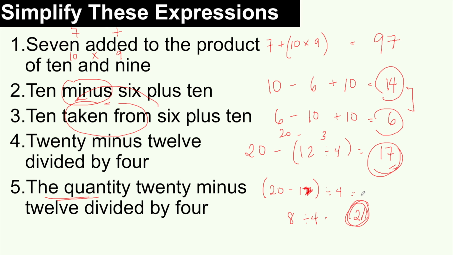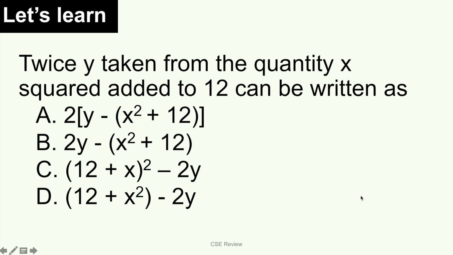Alright? Now, there is another format ng tanong which looks like this, which possibly could appear sa exam. Lumalabas kasi siya talaga. Yung twice y taken from the quantity x squared added to 12 can be written as. So, basically, translate mo lang siya. Hindi mo naman isosolve, pero translate mo siya. So, how do you do that? Again, kung alam mo yung rules, madali lang yan.